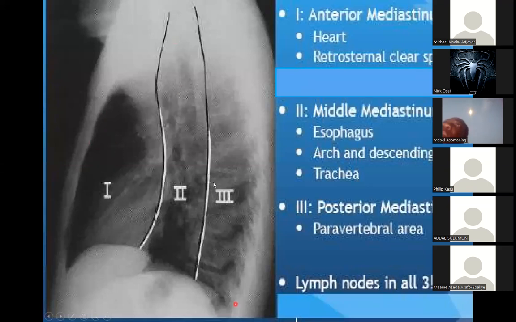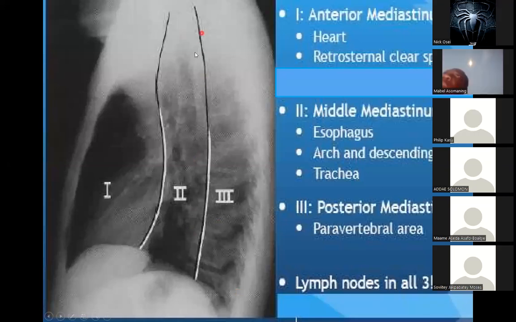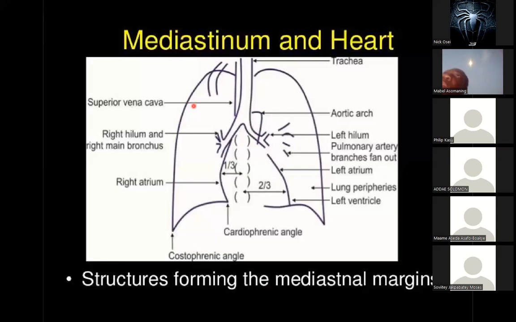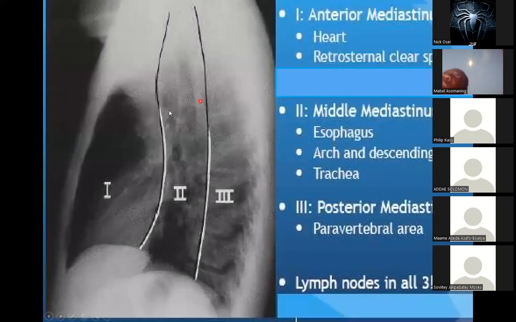And in the middle mediastinum, the trachea will be there. Remember, this is a lateral X-ray. You shouldn't be talking about middle and posterior and the rest when you have a PA view, when you are talking about the mediastinum. This is a lateral view.